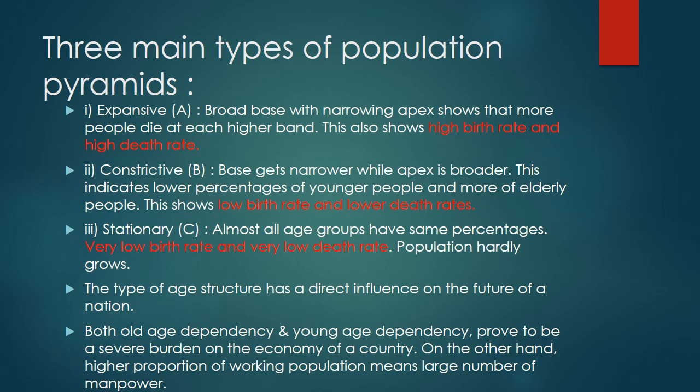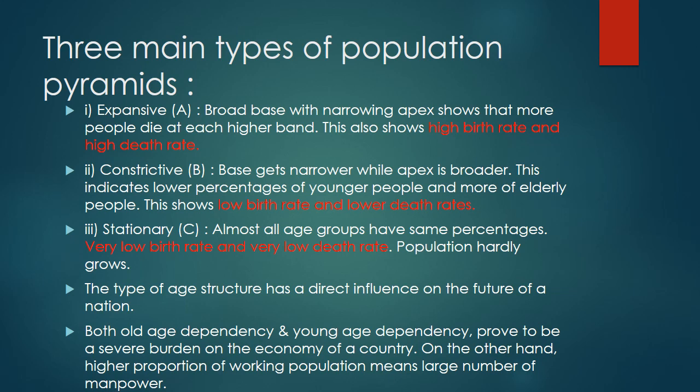That means the birth rate is high, and the death rate is also high. Now the next is constructive. In this, the base gets narrower while the apex is broader. This indicates a lower percentage of younger population and more elderly people. This shows low birth rate and low death rate.